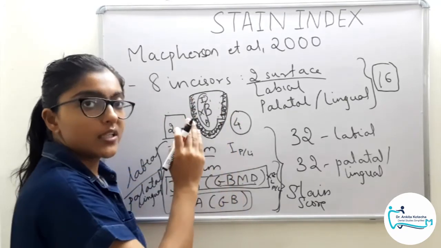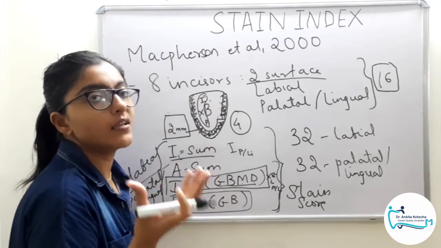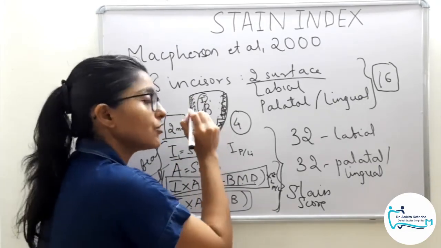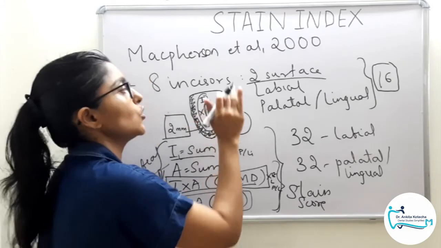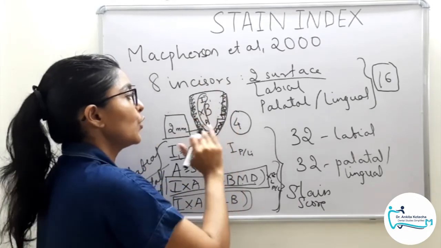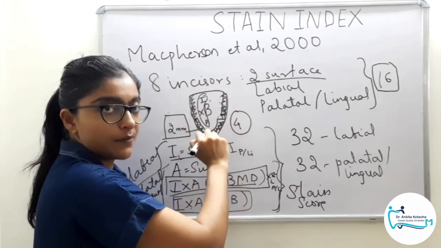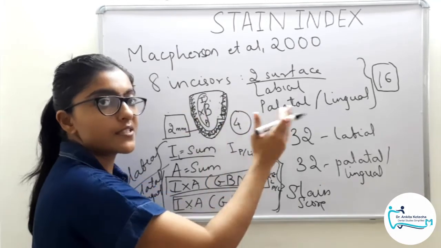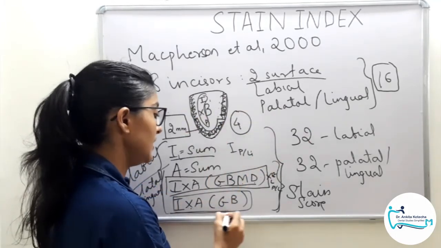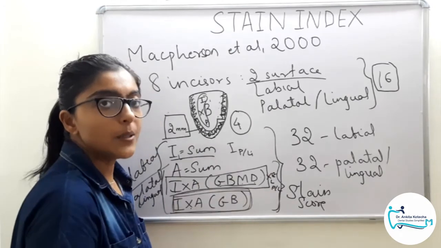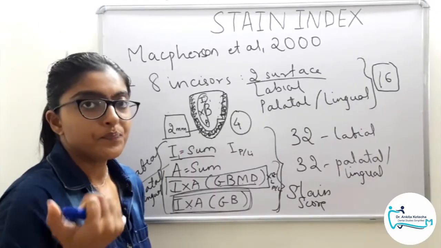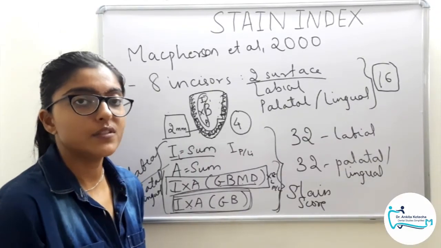Such product values are then summed up to get a total stain score. This is individual stain score for this region on this tooth. Such 4 scores on each surface and such 8 surfaces are then summed up to get a final stain score. Clear? So now you should ask me, what is the interpretation of these scores?